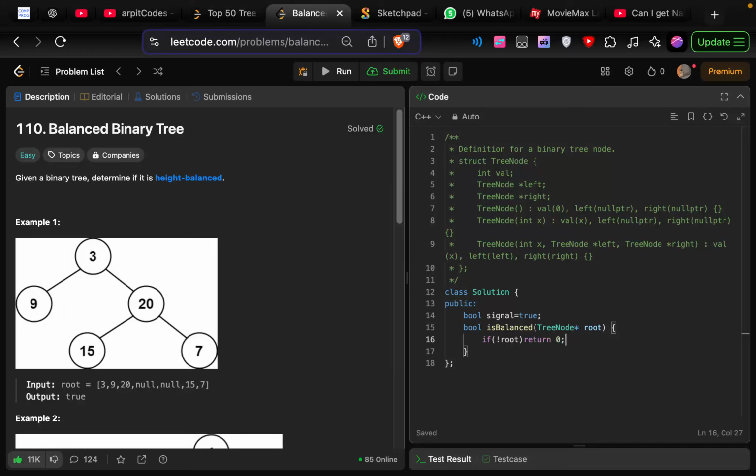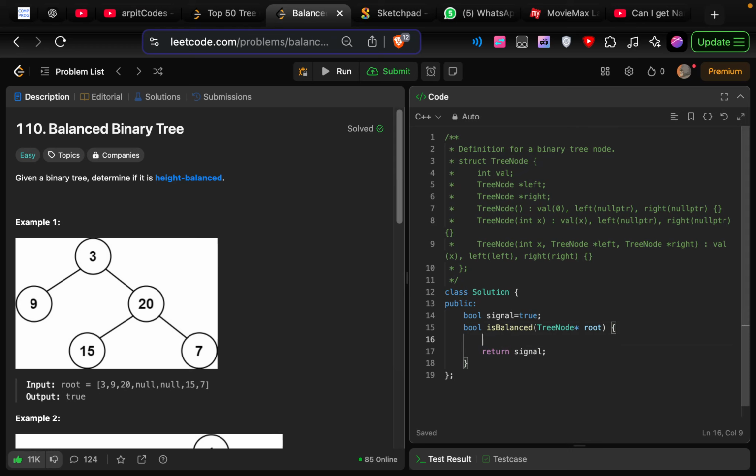So sorry, we'll have to find the height. So what we can do is return the signal after processing it.